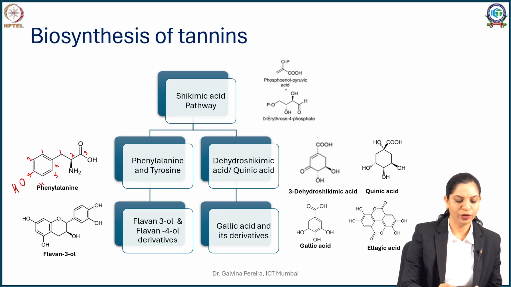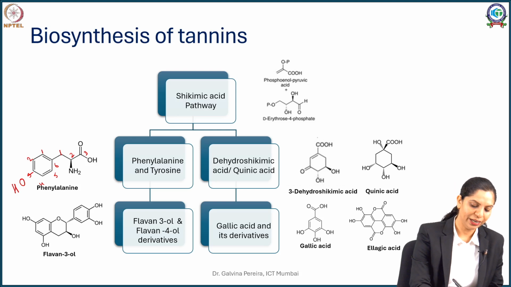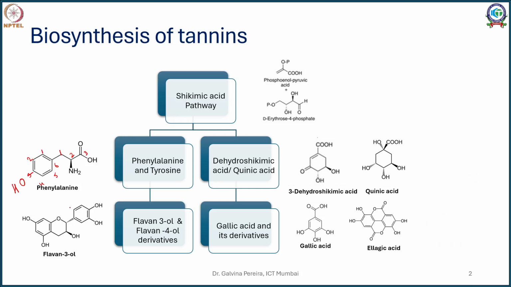Now how does that go ahead? If you see the structure of condensed tannins, I can just bring you the same molecule: 1, 2, 3, 4, 5, 6. So this is phenyl and 1, 2, 3. So this particular part of flavan 3-ol has its genesis from phenylalanine or tyrosine.